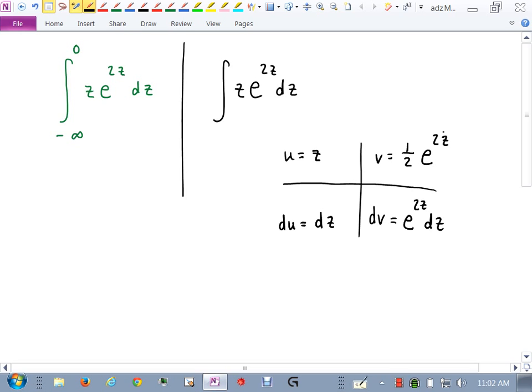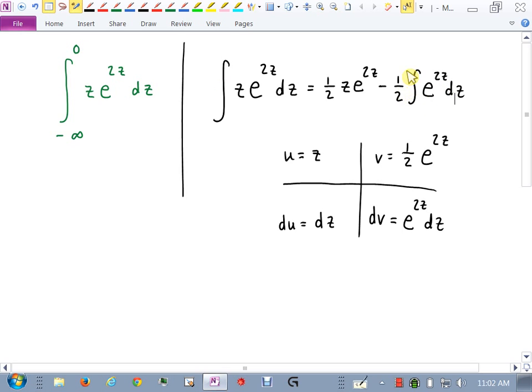So the new expression, ultraviolet minus voodoo, will be 1/2 z e to the 2z, that's uv, minus the integral of v du. I'll pull the 1/2 out, and all you have is e to the 2z dz. We agree up to that point? All right, now we just need the antiderivative of e to the 2z, which is again 1/2 e to the 2z.